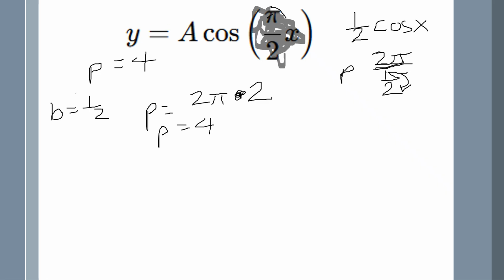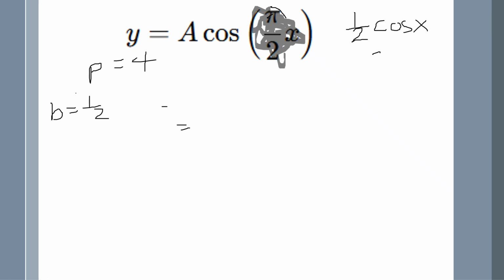So, with that being said, our equation is going to be 1/2 for the amplitude, because that's what the homework problem asked for, the amplitude to be 1/2. So we got that.